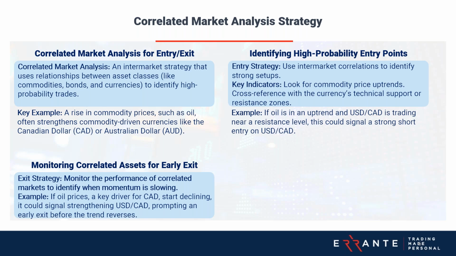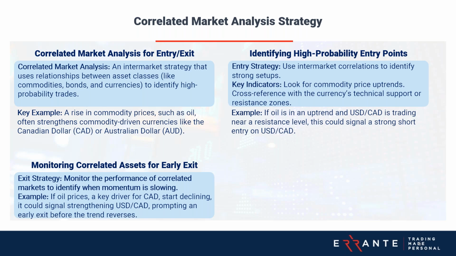Also, we can find a clue for an exit strategy using correlated market analysis. Exiting a trade at the right time is just as important as entering at the right time. We use correlated markets to help identify when a trend might be weakening.